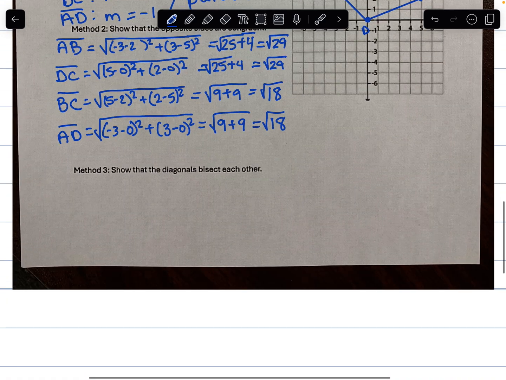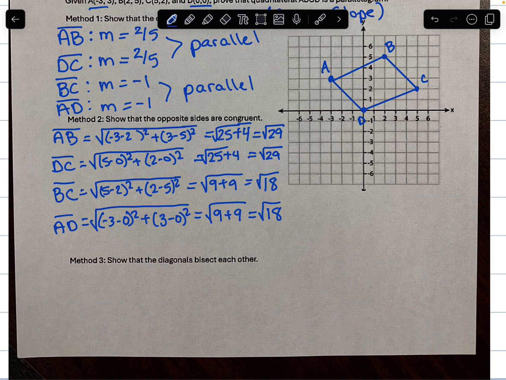All right, last one says, show the diagonals bisect each other. So if I can prove that those two things bisect each other, meaning they have the same midpoint.